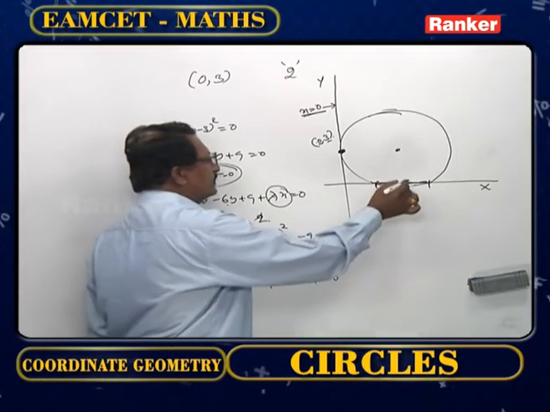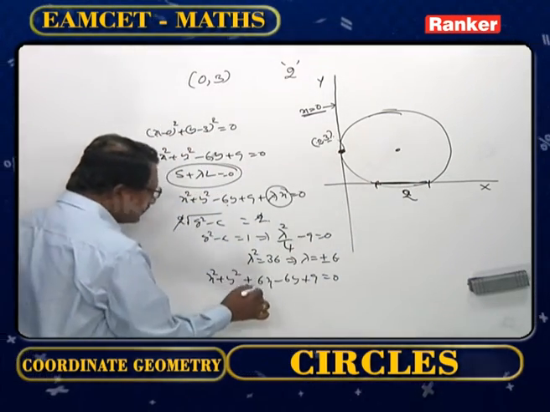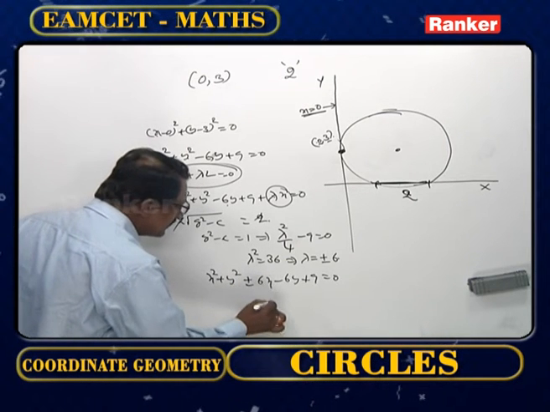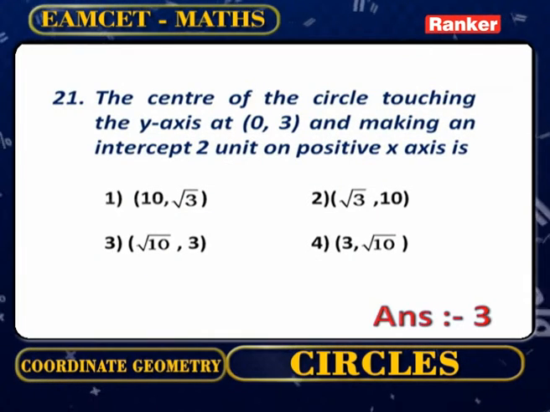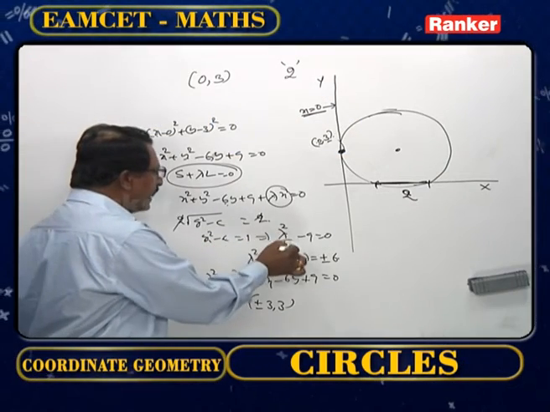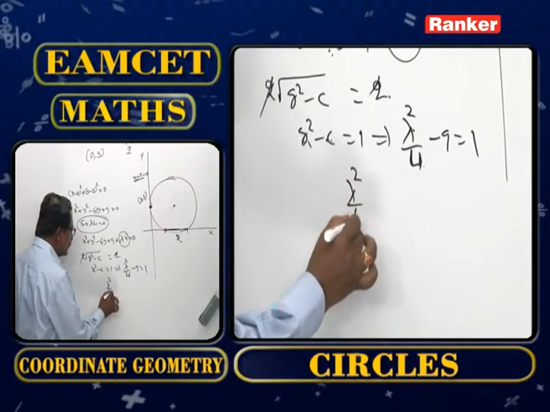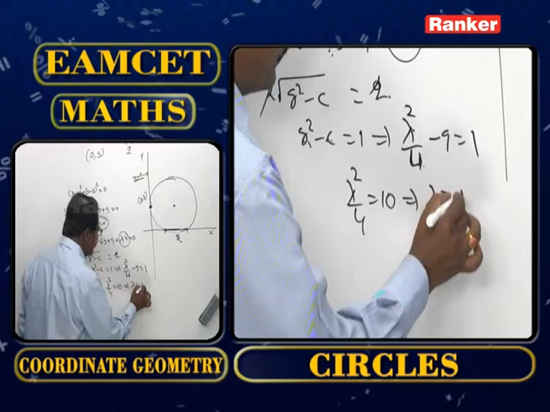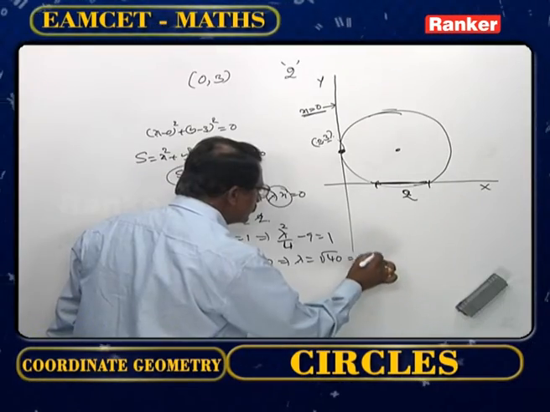Now two circles we get, one in the first quadrant and the other in the second quadrant. The center is (minus g, minus f). Using g square minus c equals 1, lambda square by 4 minus 9 equals 1, so lambda square by 4 equals 10, which implies lambda equals root 40, or plus or minus 2 root 10.